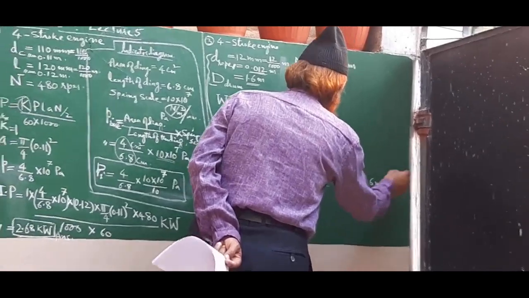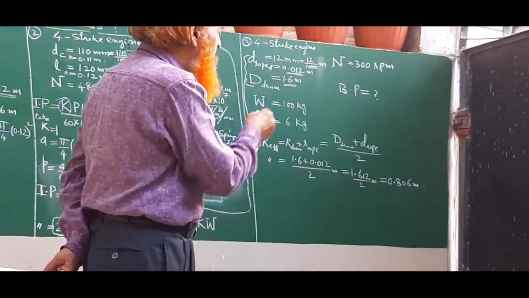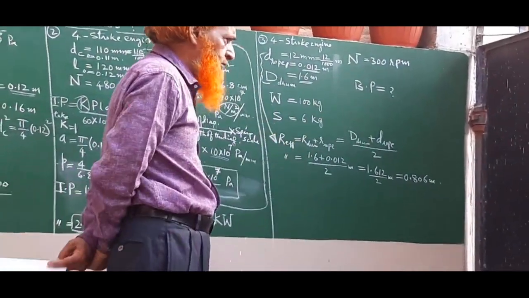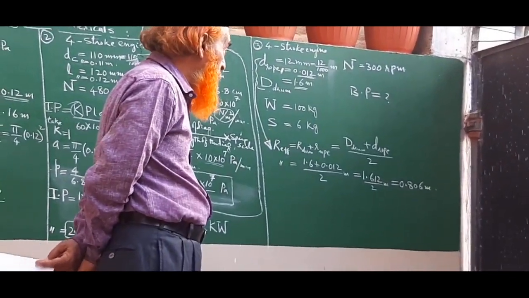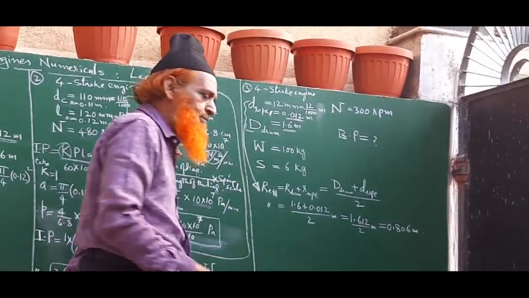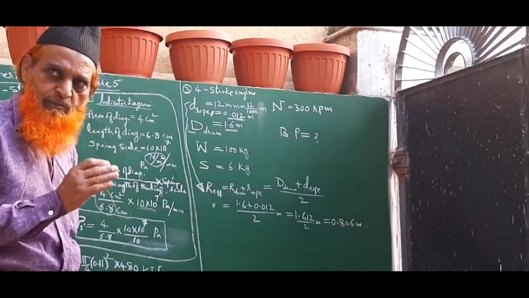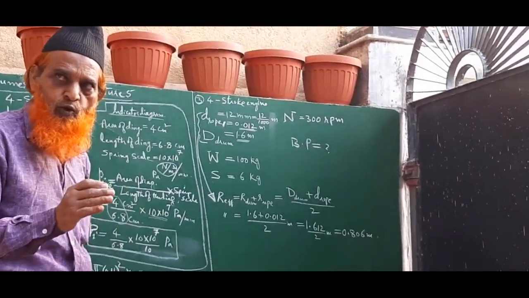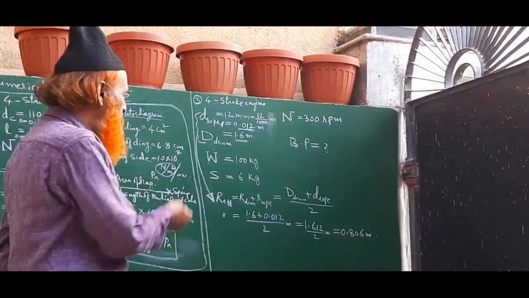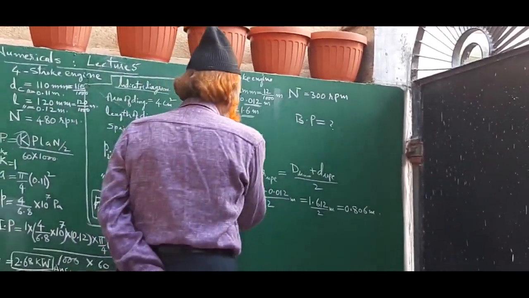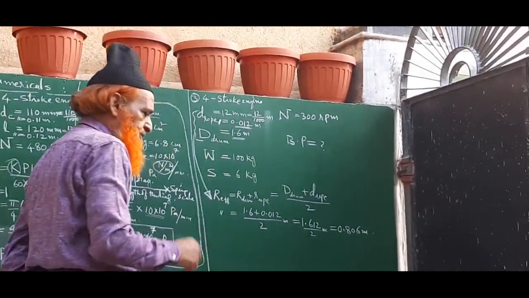Or you can put it directly in the formula. Effective radius is found; W is given, S is given. You can take W minus S separately as the net load, or directly put it in the formula also.